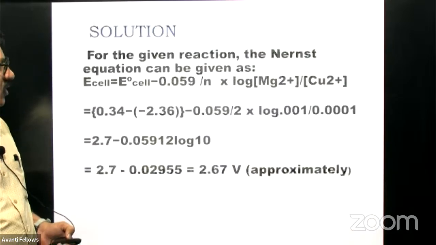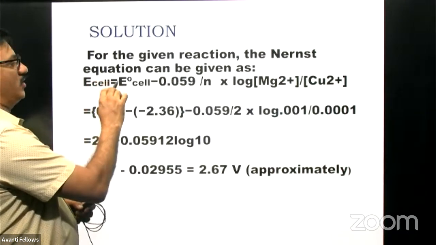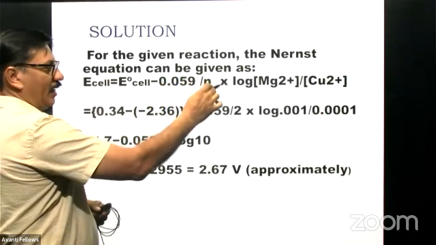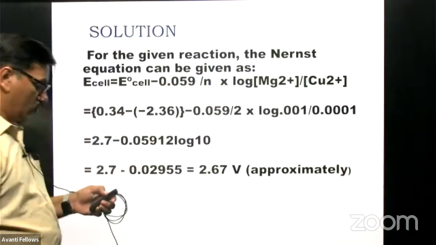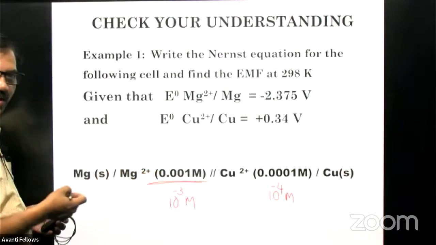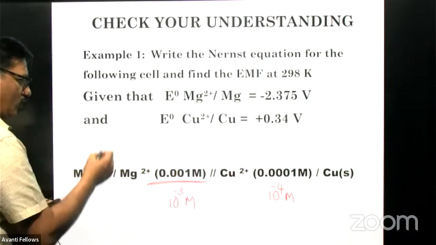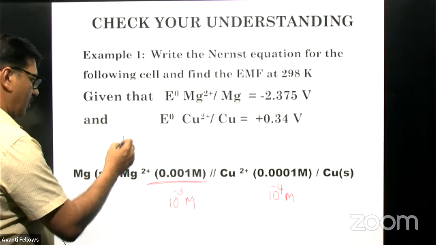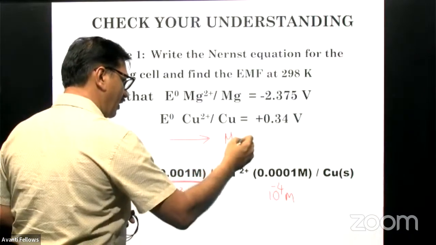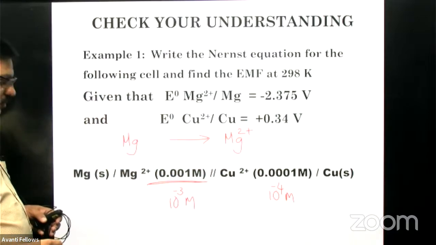Now, let us take the equation. E of the cell is equal to E0 of the cell minus 0.059 by n into log of Q. By knowing the cell representation, you should be able to write the equation. Here magnesium is undergoing oxidation, Mg to Mg2 plus.